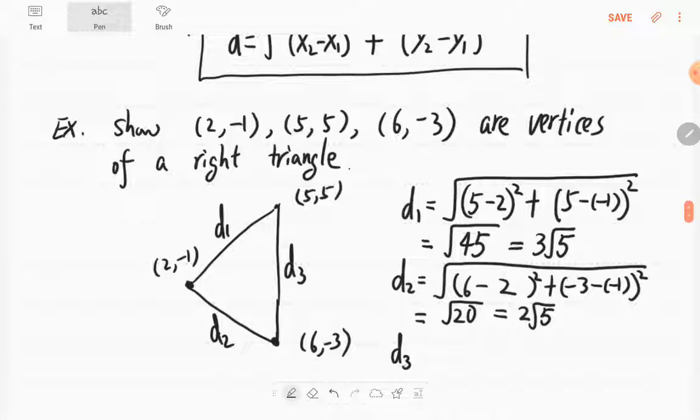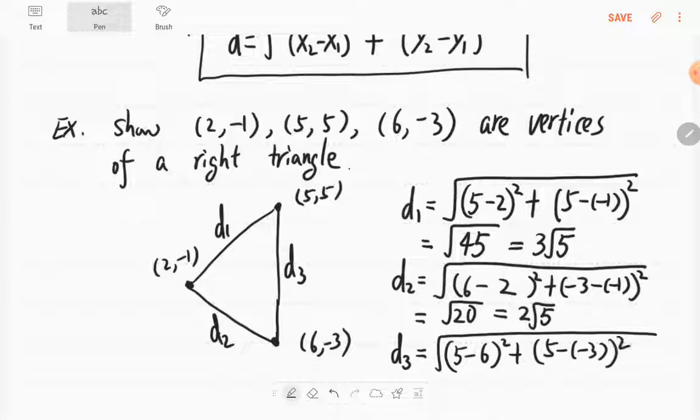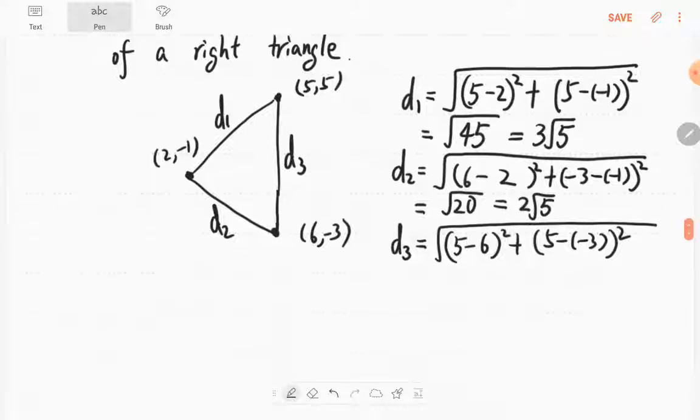D3, which is the distance between these 2 points, we use the distance formula. So this one would be (5 minus 6) squared plus (5 minus negative 3) squared, so you have, this one is actually 65.